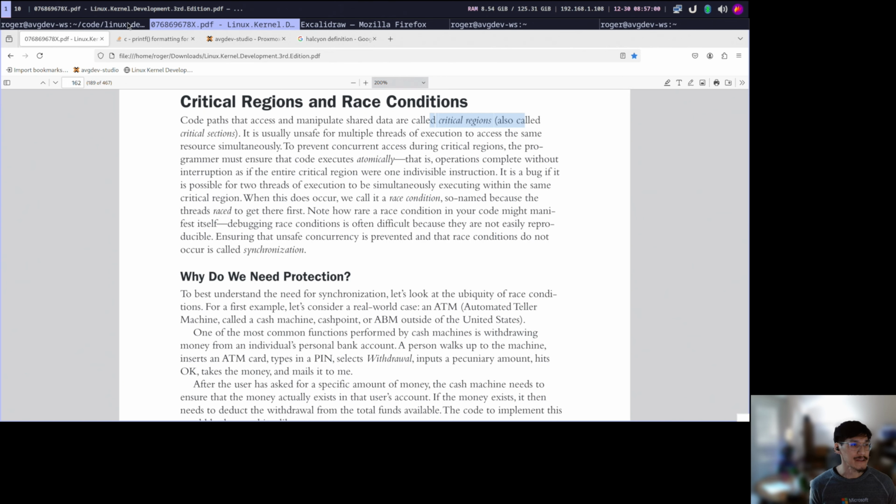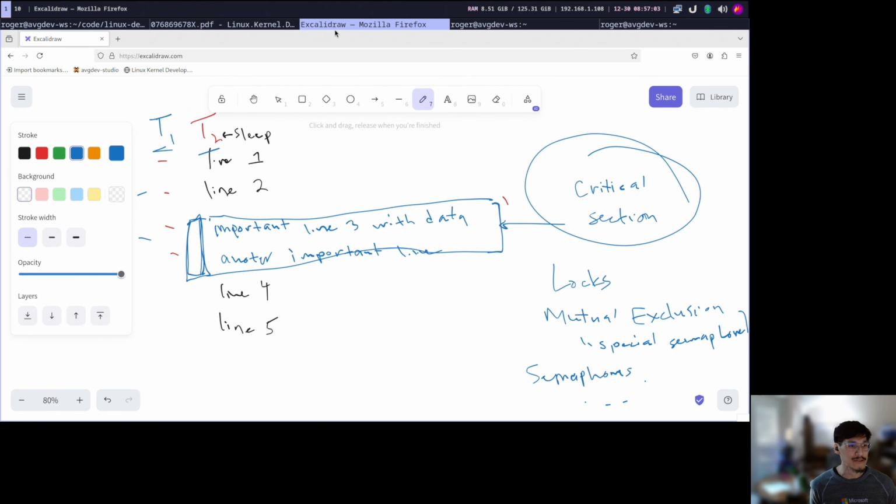If we go back to the book, it mentioned that a critical region should be executed as if it was atomic, meaning executed as one single instruction is what the book defined it to be.